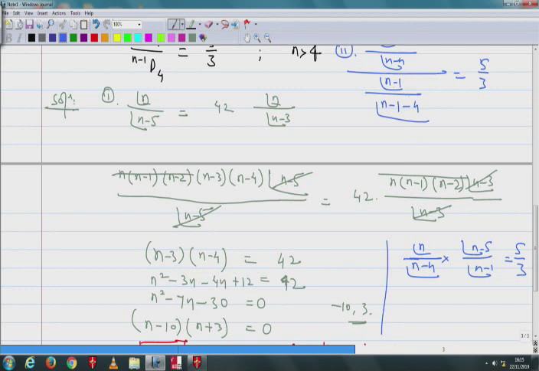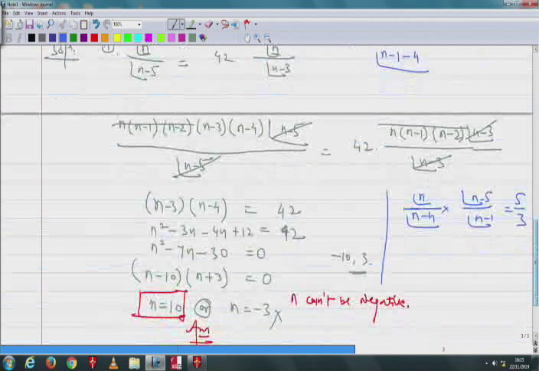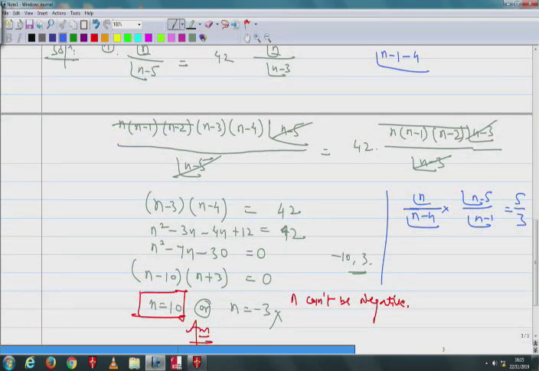Then the denominator term I am rewriting, so this will be in the numerator and this in the denominator. Let's solve this. n into (n minus 1). Similarly, tell me, n minus 4 is greater or n minus 5?